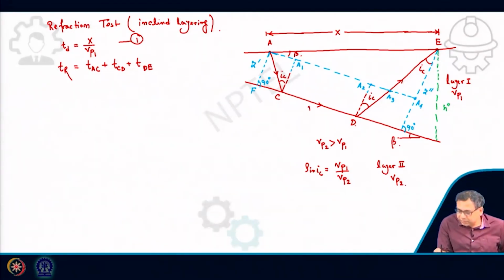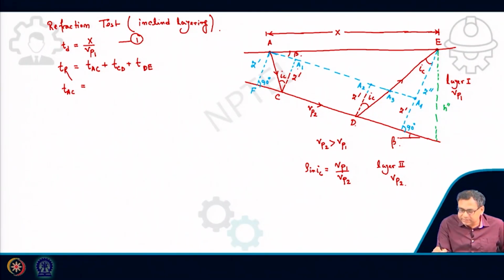Here this will follow with the velocity Vp2. Now TAC will be equal to, again, this is AC, this is Z dash, and this is IC. So this one is basically Z dash, this one is also Z dash because this is parallel.